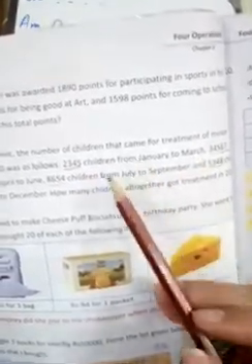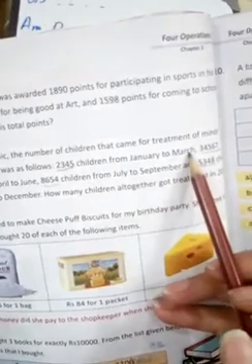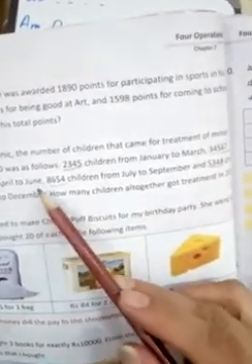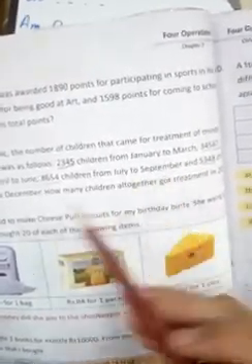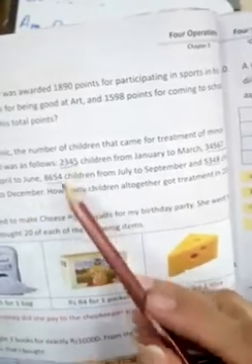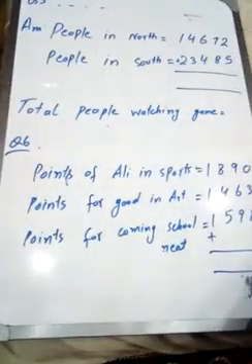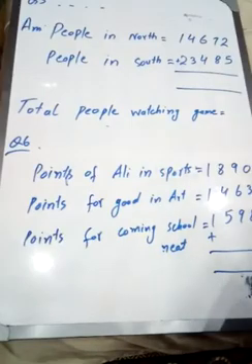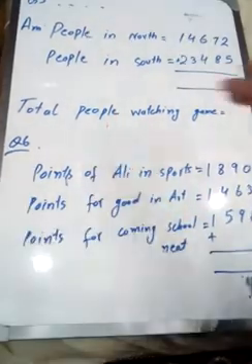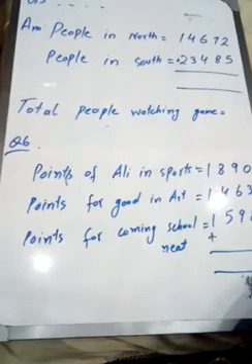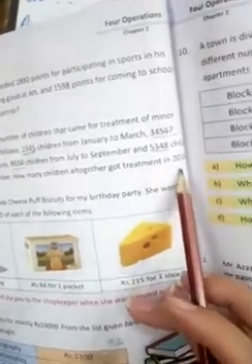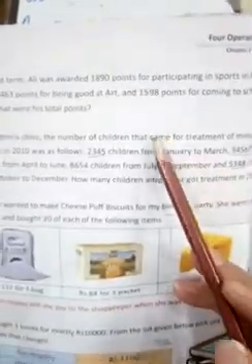Write those four lines as data and add those four numbers. Write data on the left side and make the sum on the right side, add them, and you can easily find how many total children got treated in 2010. Make the data of question number 7 by yourself.